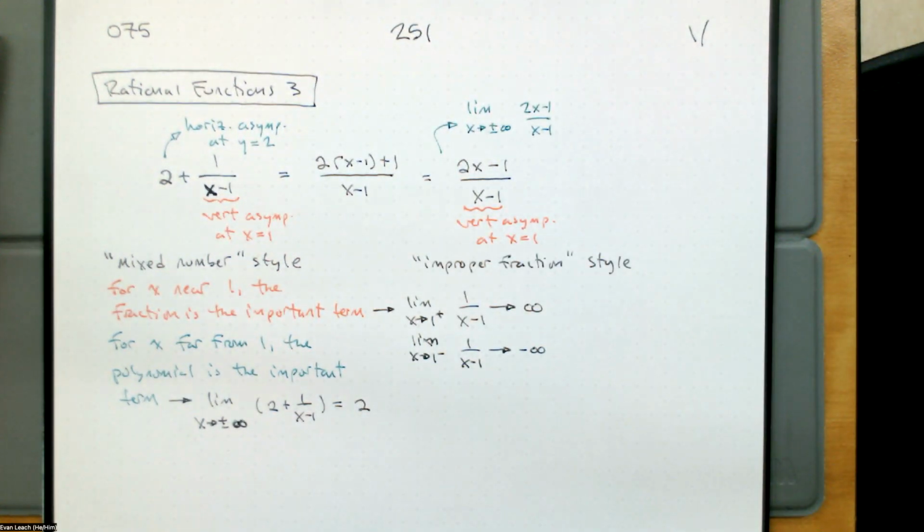Our thinking is a little bit different, because instead of just seeing that 2 sticking right out, we have to think about what happens when x becomes very large. When x becomes very large, I only care about the highest degree terms. When x is a billion, I care about 2x, not minus 1.